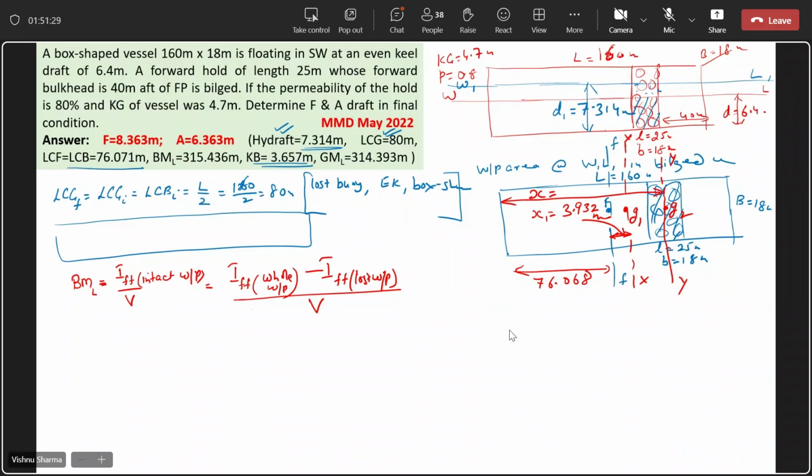Distance of YY. 107.5. 107.5 is X. So now you have X and you have LCF, so you can find this distance, mark it on the diagram, and make use of pen and pencil, guys. This X2 is 107.5 minus 76.068.